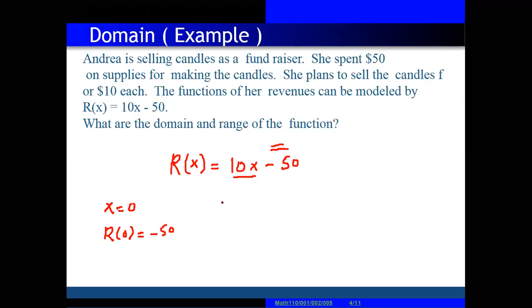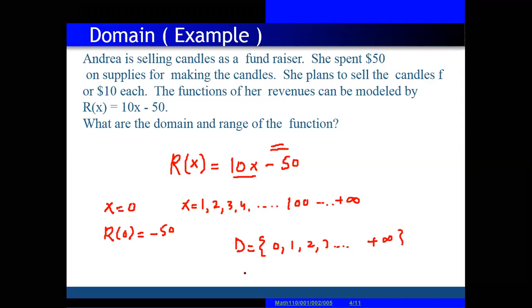She can sell 1, 2, 3, 4, even 100 candles, it depends upon the number, so x can be from 0 till plus infinity. So all the values of x make up the domain. She can sell 0, 1, 2, 3 up to plus infinity.